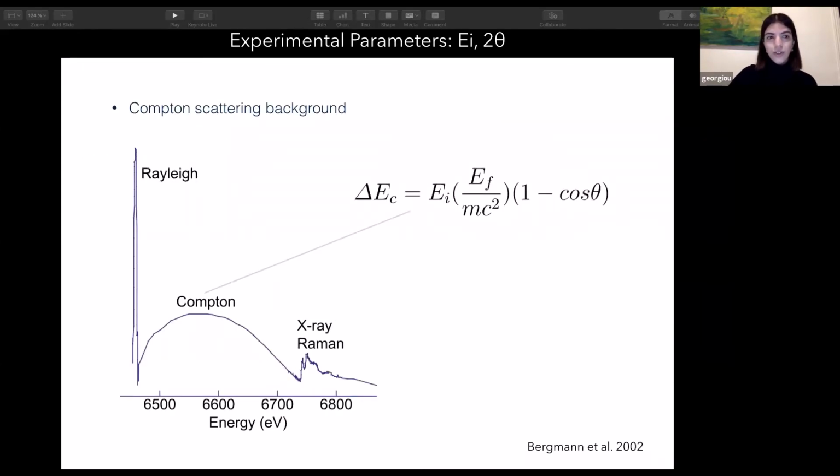And also, these two parameters, the incident energy and the scattering angle, are important to go as far as possible from the Compton scattering background, because we want to achieve a good signal to background ratio. We do not want our X-ray Raman signal to fall on top of the Compton signal.